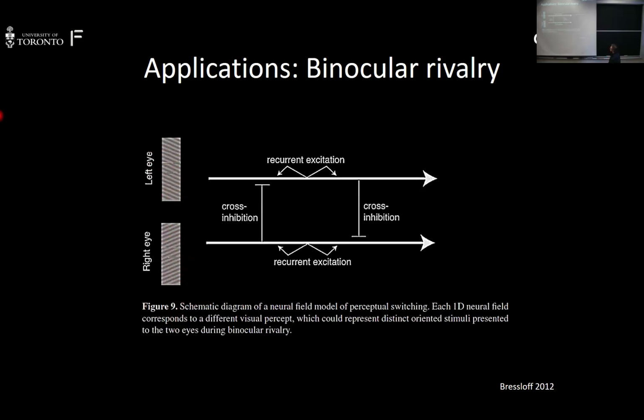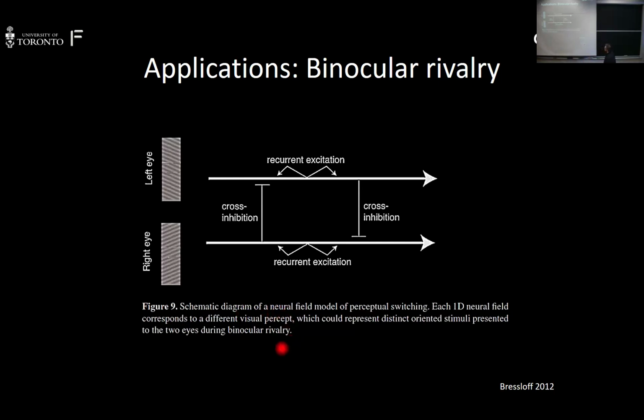The phenomenon we're talking about here is called binocular rivalry. What that means is, in this experimental scenario where you have a different input going into each eye, you don't see both of them at the same time. You only see one or the other, but varying and flipping.